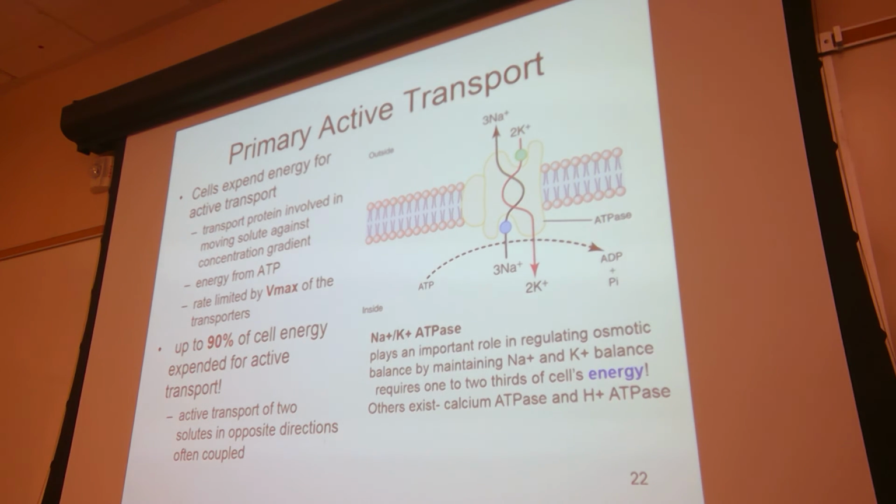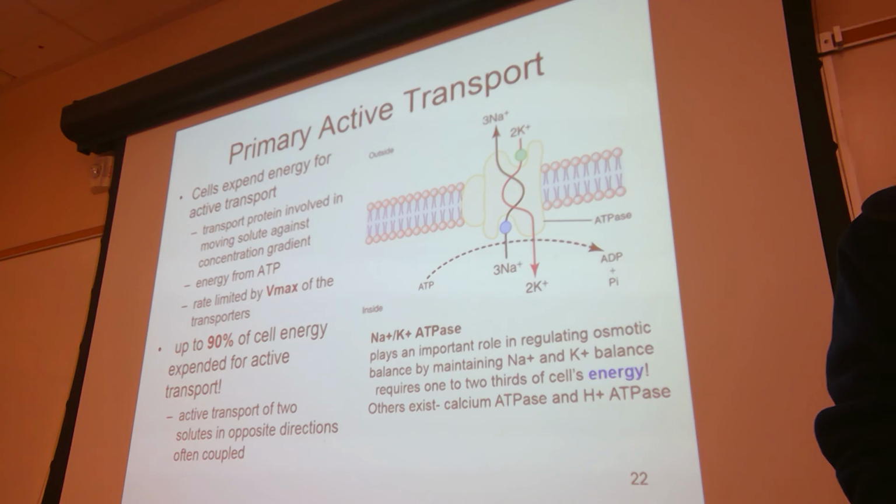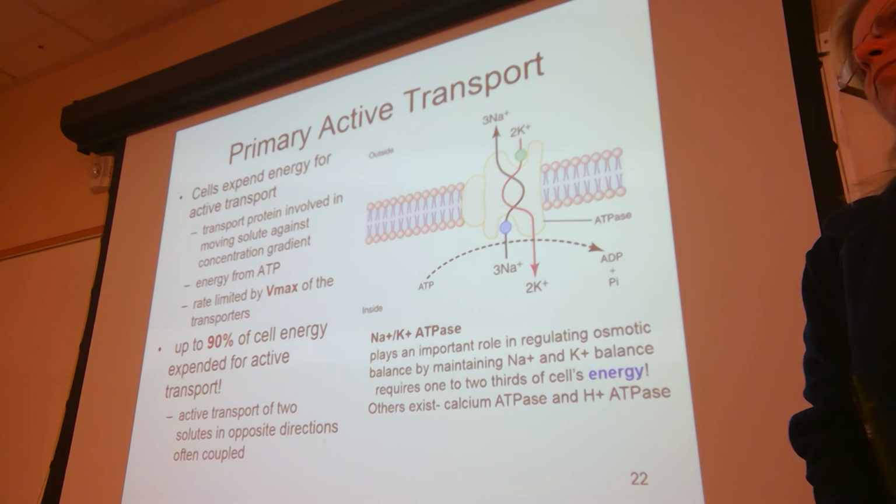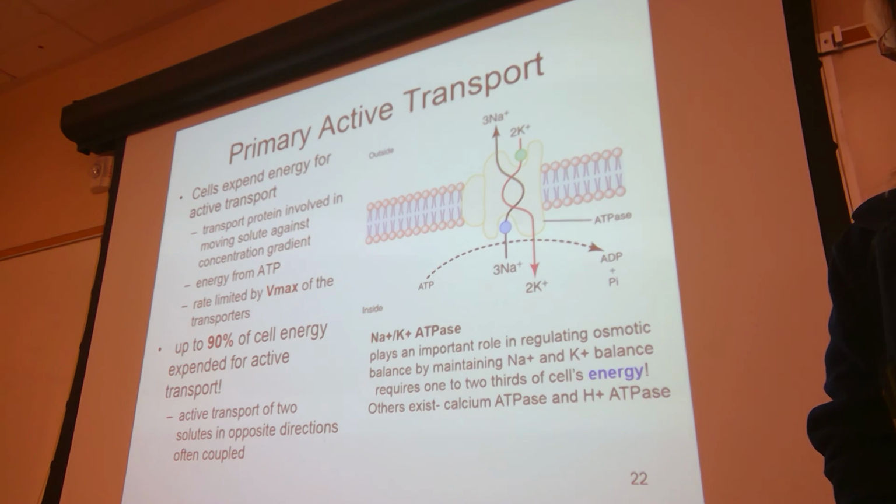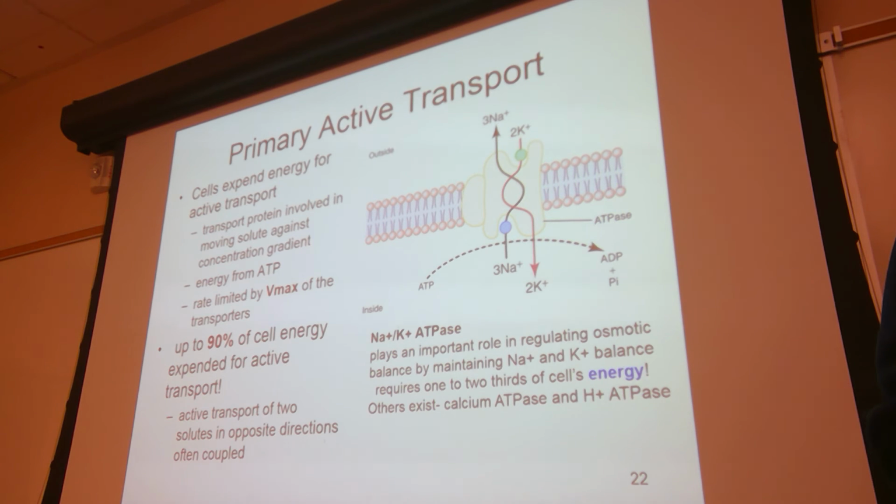In some cells, up to 90% of the ATP made by the mitochondria can be used for just the sodium-potassium ATPase. It is hugely important. It's important for proper neuronal function, muscle function, renal function. And that's why I had that crippling thought when my dog accidentally got into that kind of rat poison.